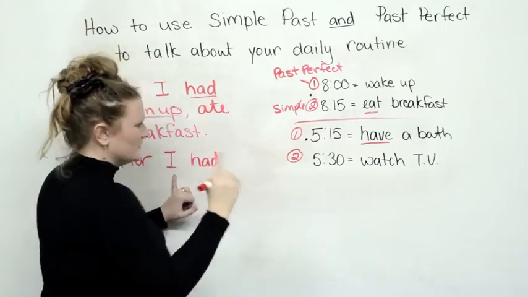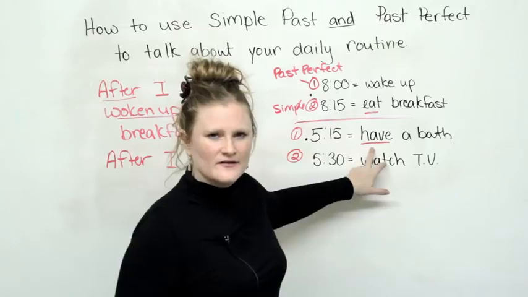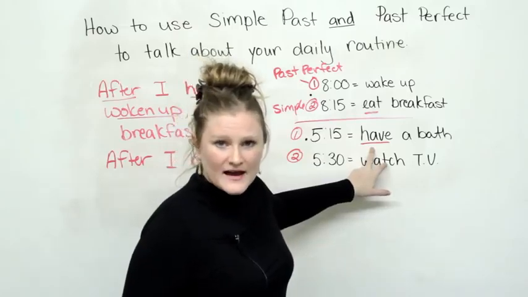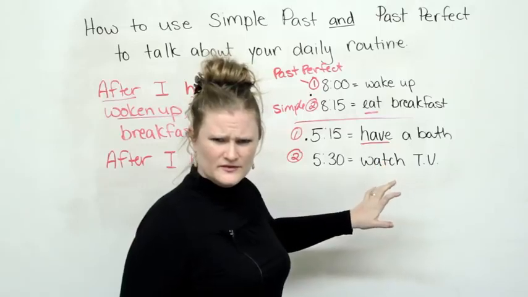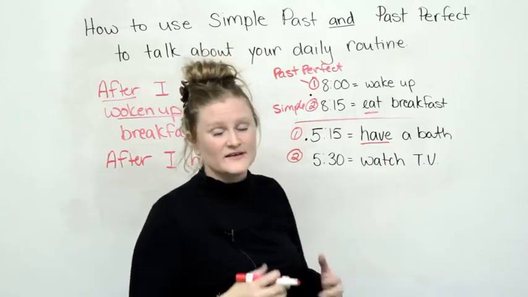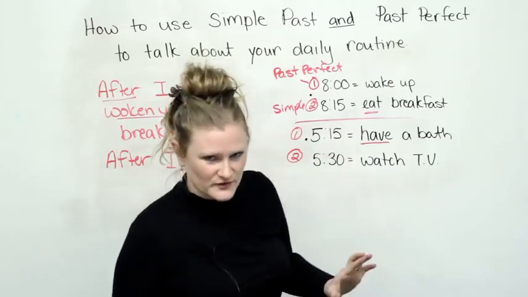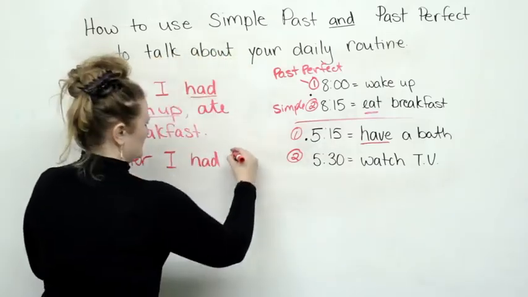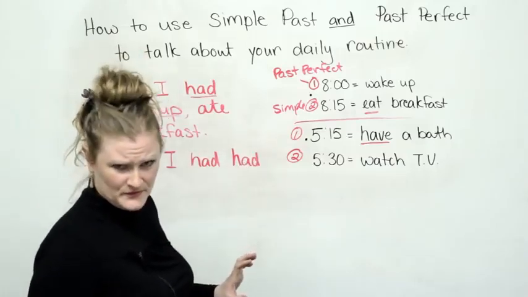Had. Now, what is the past perfect? What's the past participle of have? It's had. But you have to say had. Yes, I know it's really, really strange, like most English, but you actually have to say, after I had a bath.